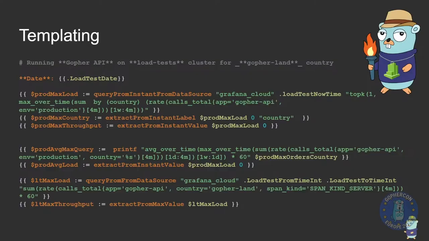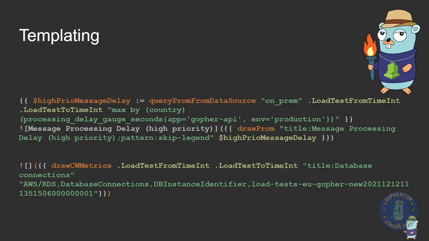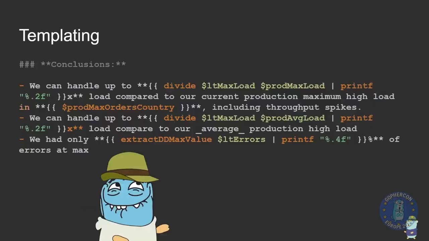Besides this, you can also draw some diagrams and some metrics, for example, here an example again from Prometheus and from CloudWatch. It's amazing. It works, and a small but very important part of our load test analysis is the conclusion of whether the load test is successful or not.